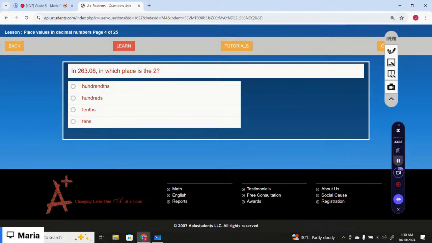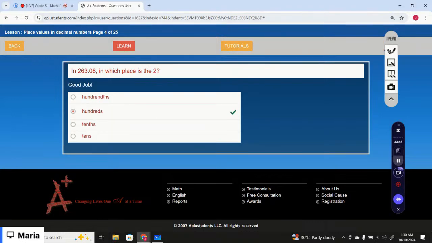Two is at the hundreds position. Option number 2 is the correct option. 2 is at the hundreds position.